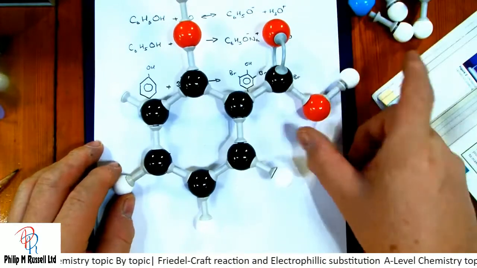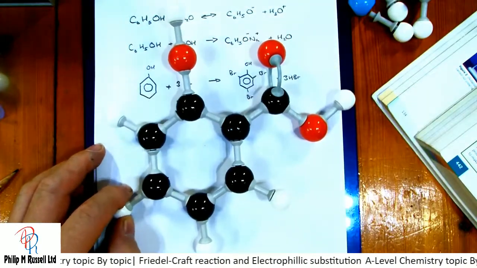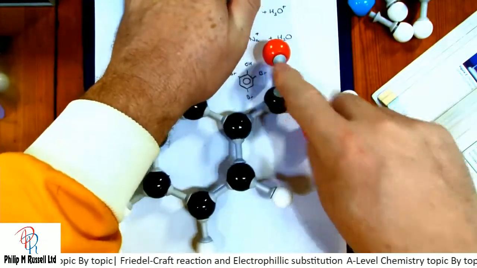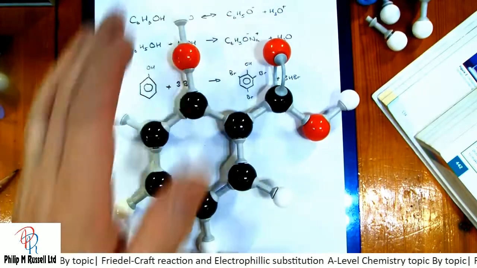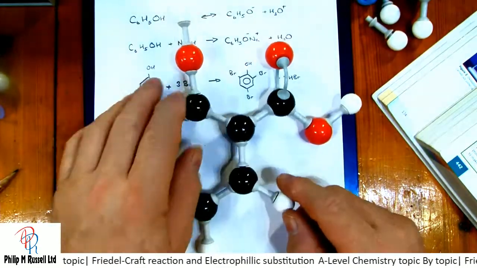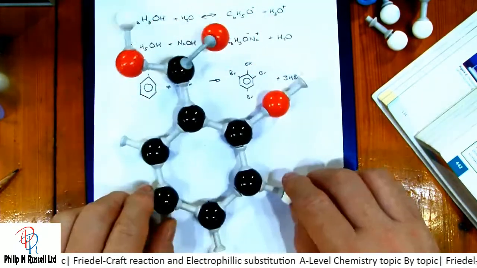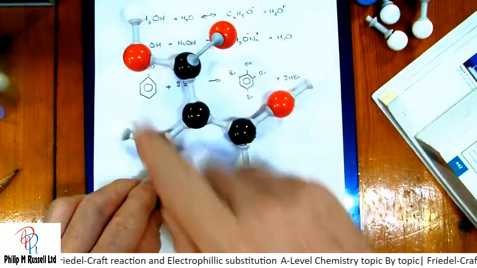Now this one causes my students usually a lot of problems trying to name this. This is benzoic acid, and if I put on here, looking at it round this way, this is going to be 2-hydroxy benzoic acid.